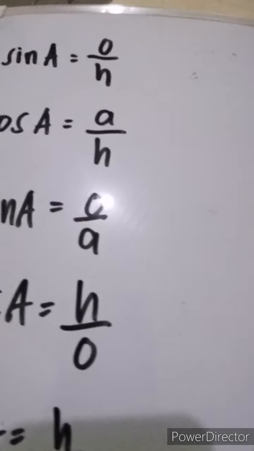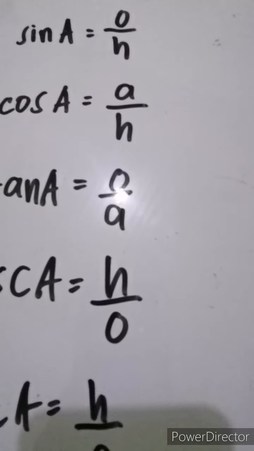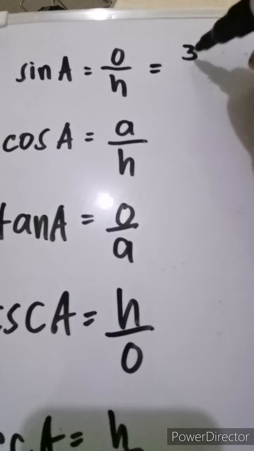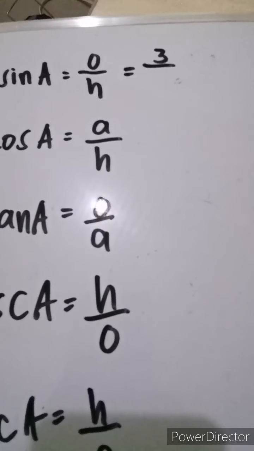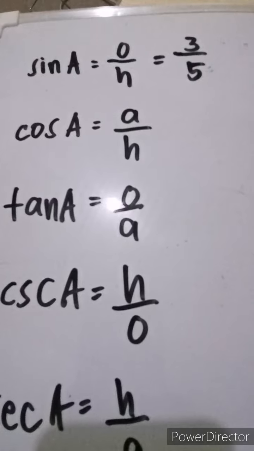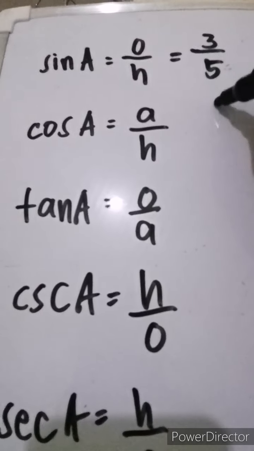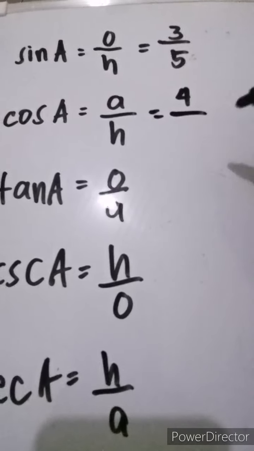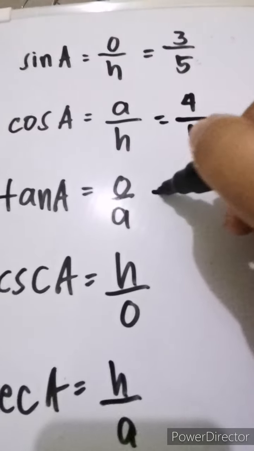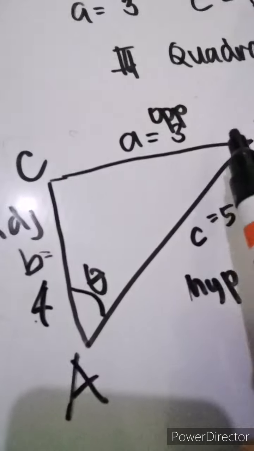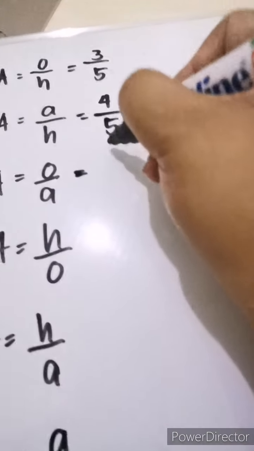Okay. So, sine A is equal to opposite over hypotenuse. What is our opposite? So, we have 3. And what is our hypotenuse? We have 5. Then, for our adjacent natin is 4. And then, we have our hypotenuse of 5. Then, again, tangent A, opposite, which is, ito opposite is 3.